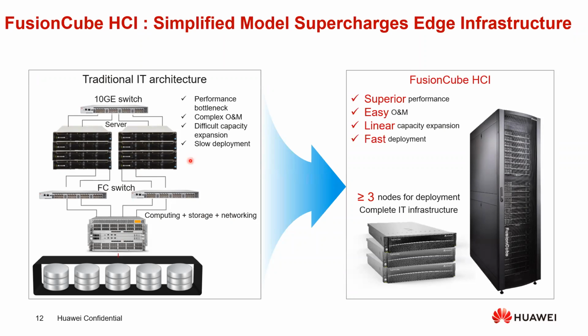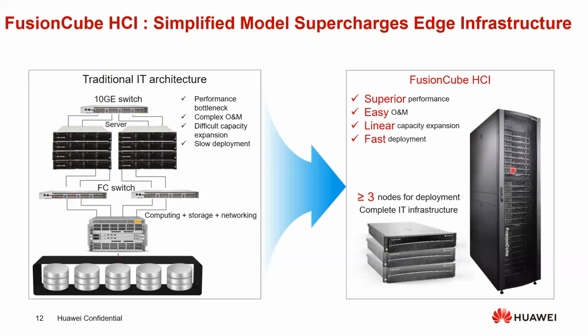So now, as a solution, we have merged, or converged, all these layers together and made one in-box solution. We call it FusionCube, and we have variants of the solution. One is called FusionCube HCI, hyper-converged infrastructure, which gives you the compute power, the storage power, and the network together, and it becomes one complete solution for the business.